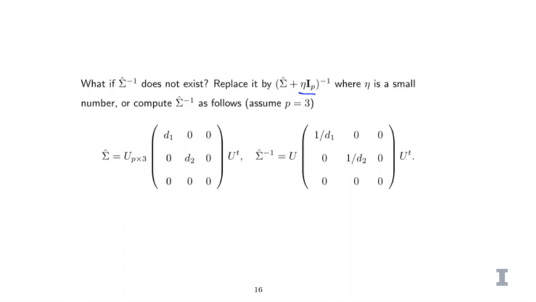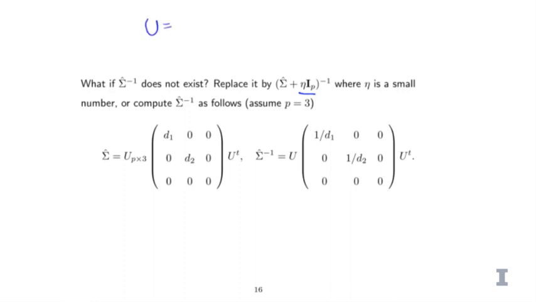What is a generalized inverse? Let's assume the dimension P is 3, and hypothetically assume that we are dealing with a case where the real rank of sigma hat is not 3 but 2. That means the sigma hat, the covariance matrix, admits the following singular value decomposition form: U times a diagonal matrix times U transpose. Here U is often called the rotation matrix or orthonormal matrix.